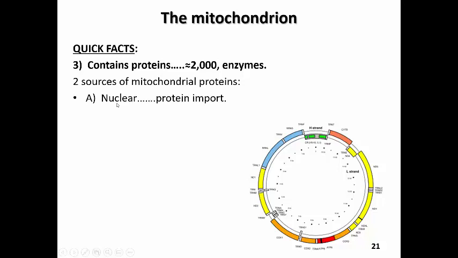The first, and the majority of these proteins, are what we call nuclear proteins, which means that those proteins were manufactured back in the cytoplasm, and the manufacturing was initiated inside the nucleus. So basically, nature outsources the protein manufacturing for the mitochondrion to the nucleus.